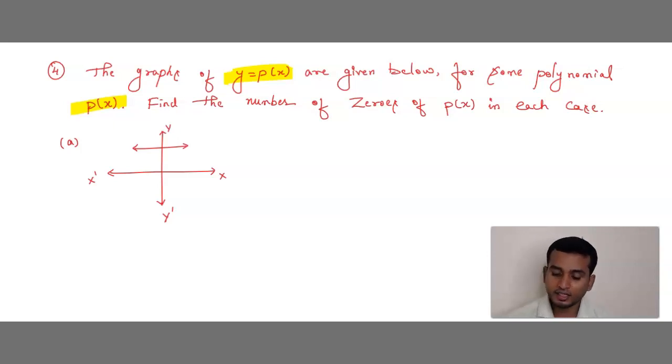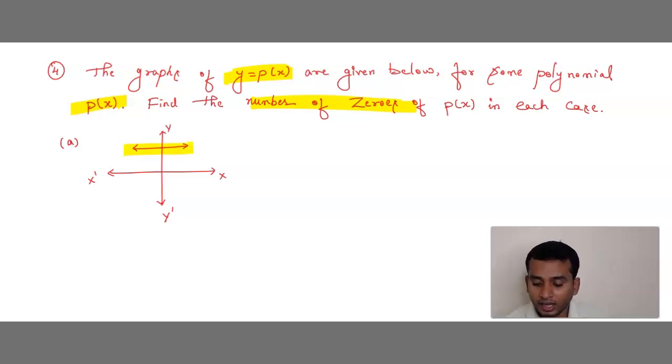Now we can see they have given the graph, and they are asking us to find the number of zeros. I told you the clue: how many times this line is touching or cutting the x-axis will define the number of zeros.